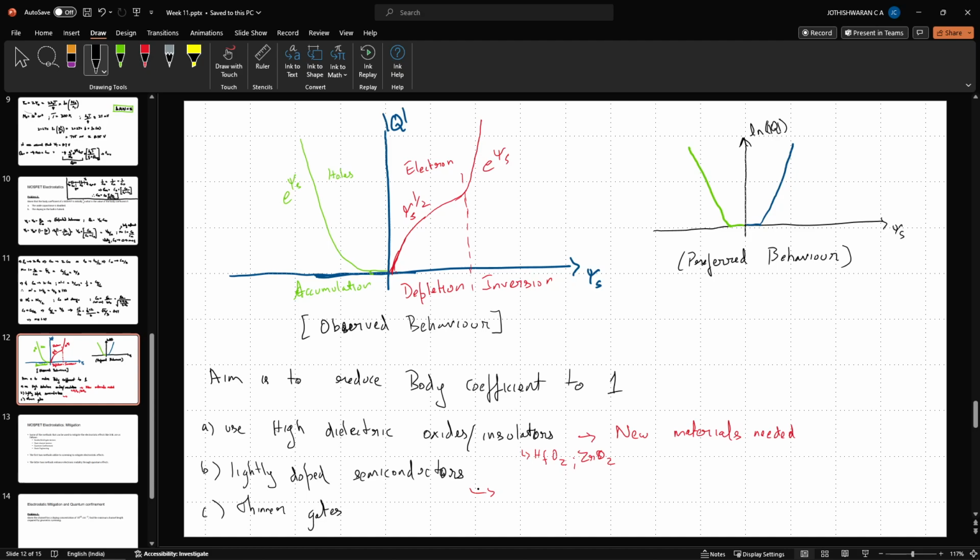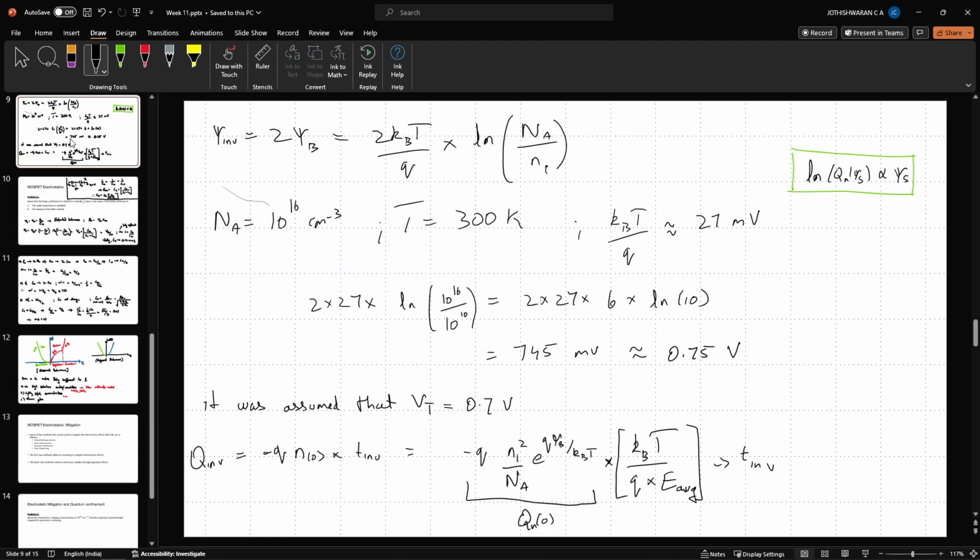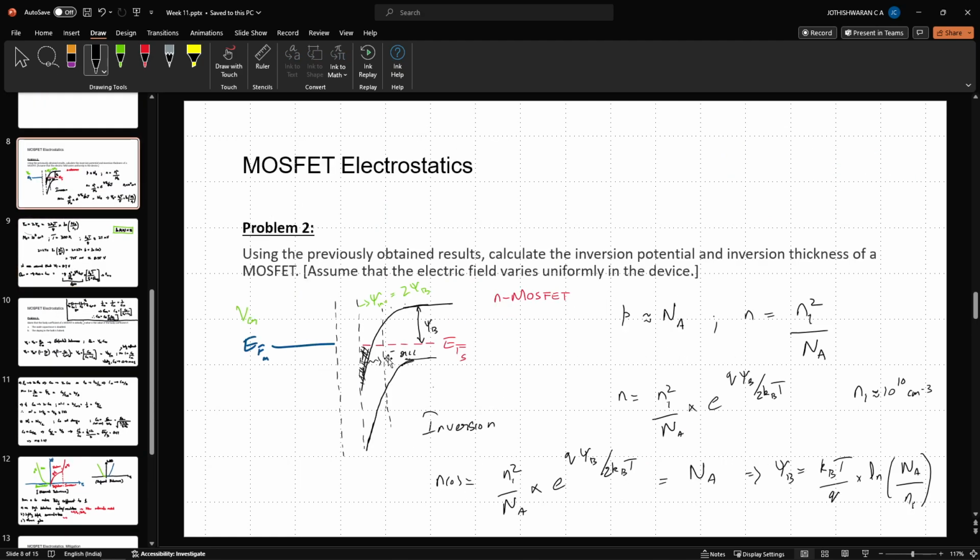Now, with lightly doped semiconductors, what will happen is, remember here, when we were discussing inversion, this psi B determined our inversion voltage. Now, if the material is lightly doped, then this EF is going to go higher and higher, because, like, okay, it won't go higher and higher. Essentially, yes, we can say that. If the material becomes lightly doped, then this will become closer and closer to the intrinsic Fermi level.